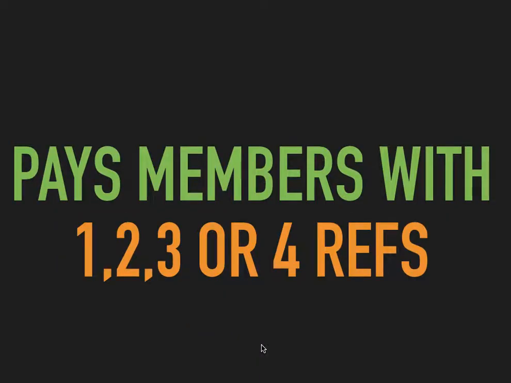And after that, the system pays the members that have one, two, three, or four current referrals. I forgot to write the word current. Current referrals means referrals that have active deposits in any matrix.